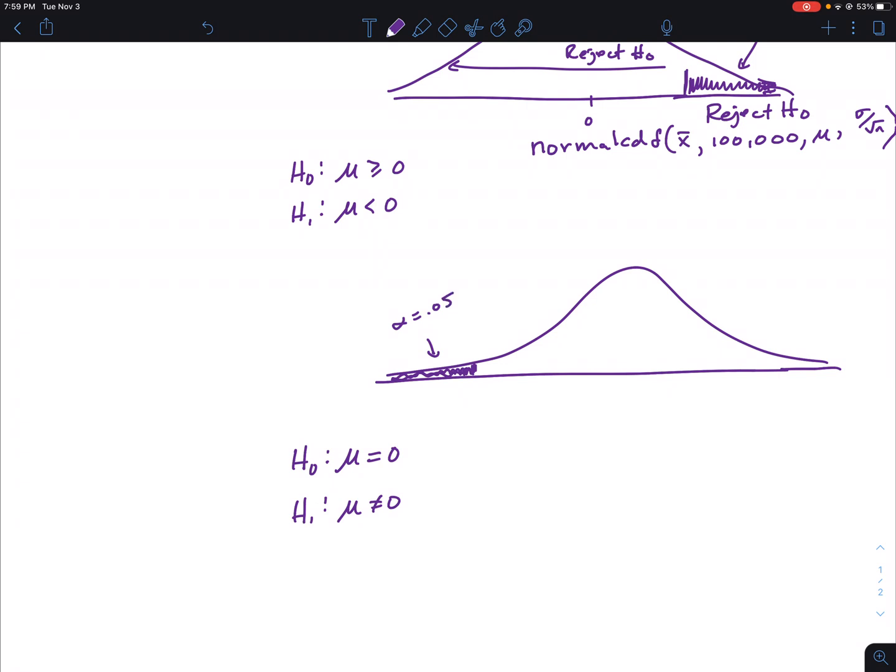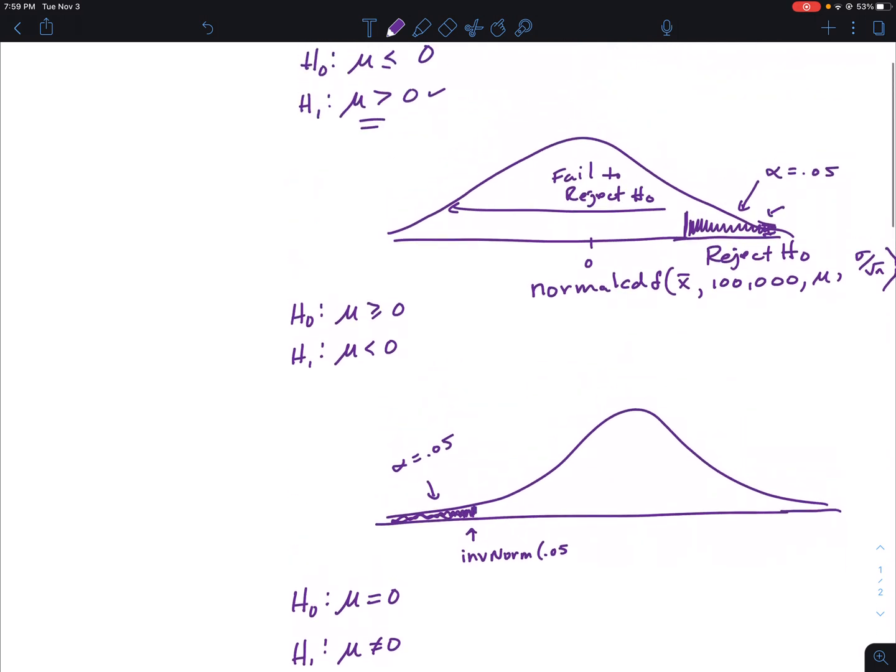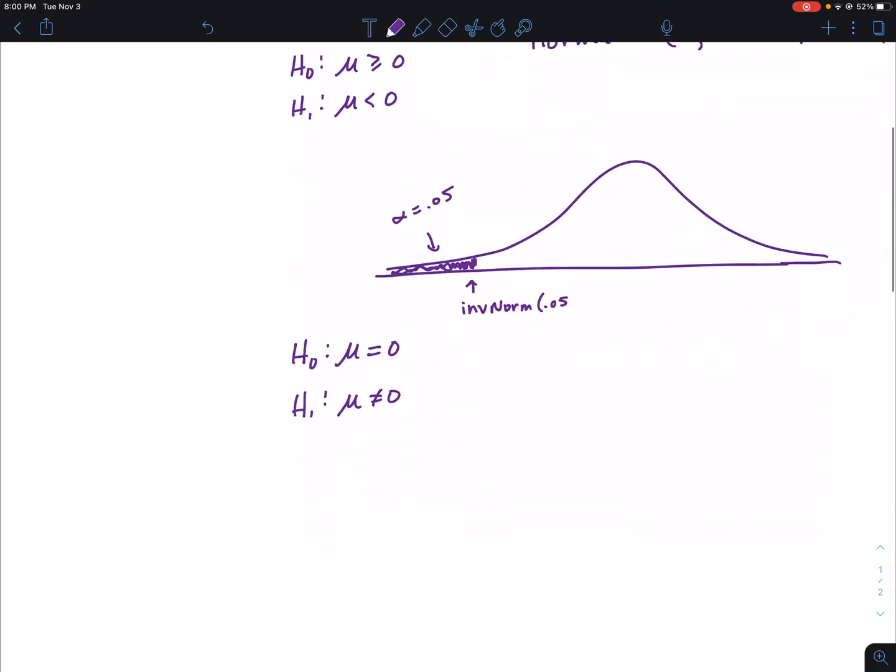If you were doing inverse norm on this to figure out what this value would be, it would be inverse norm 0.05 because it's the 5% on the lower half, whereas the inverse norm on the upper half would have been 0.95.